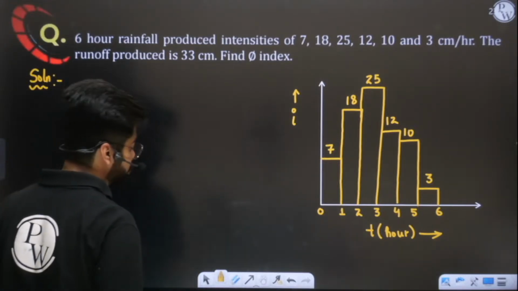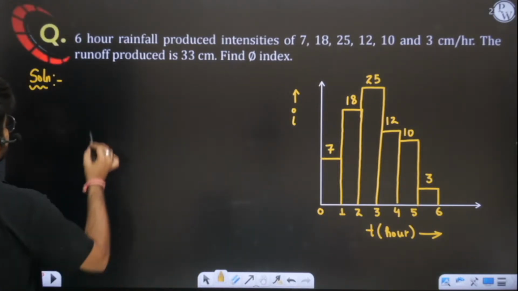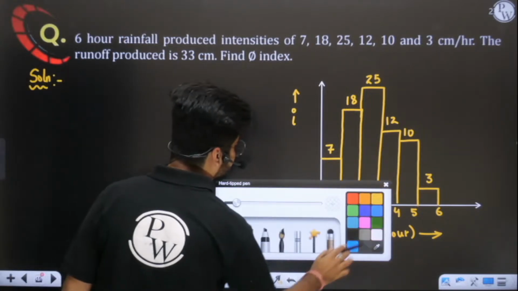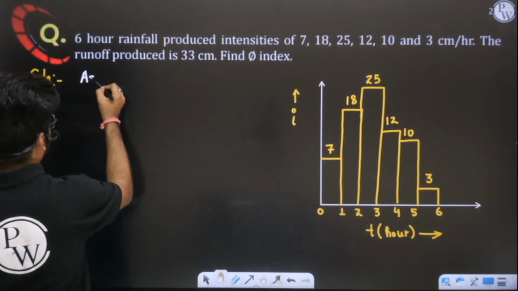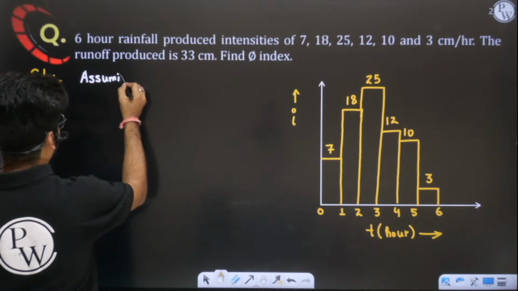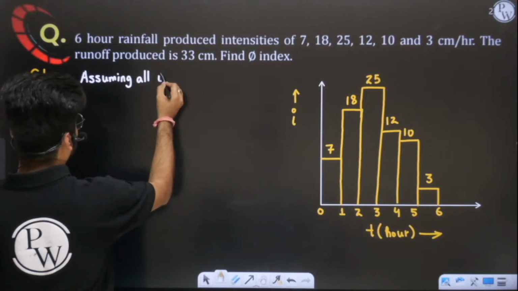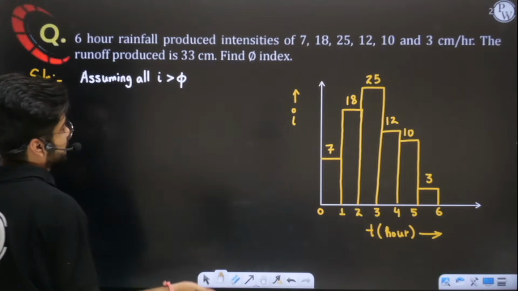See, we will take trial 1. First, I will assume all the I values are greater than phi. What does it mean?